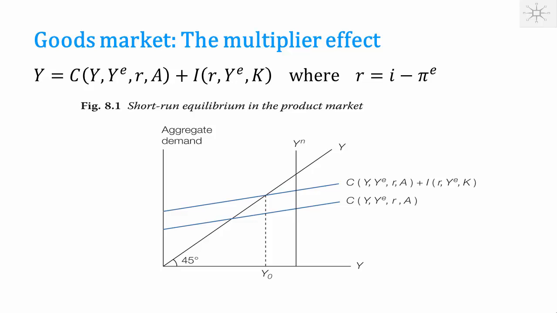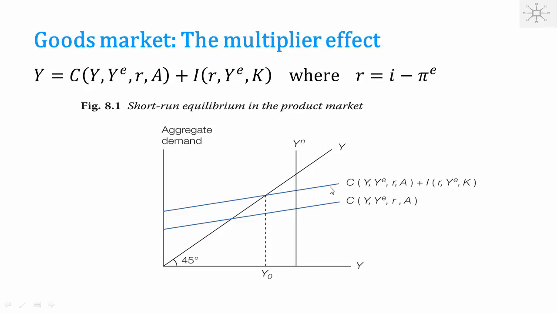And the slope of this function is the marginal propensity to consume. So if we increase production by 1 unit, how much does consumption increase? Well, that's the marginal propensity to consume that we talked about in chapter 4. But then demand in the economy is not only consumption, but there's also investment.